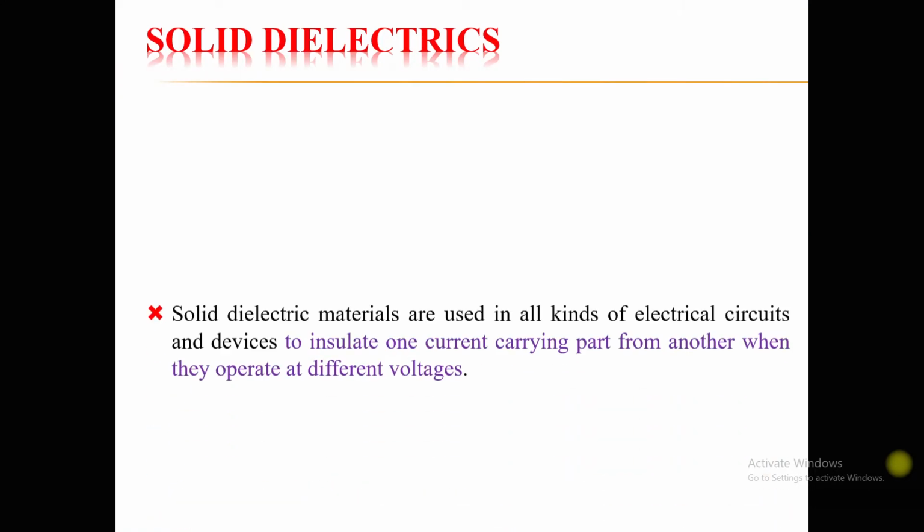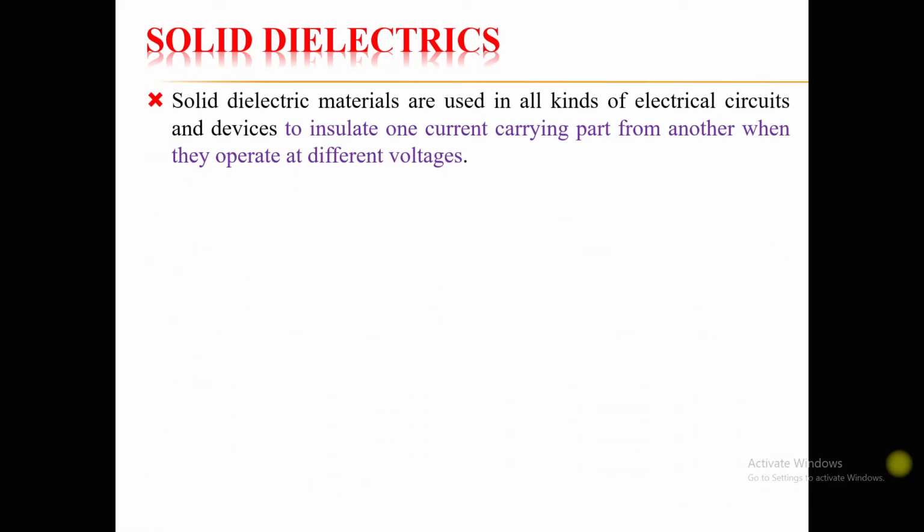Solid dielectric materials, as you know, are used in all kinds of electrical circuits and devices to insulate one current carrying part from another when they are operating at different voltages.